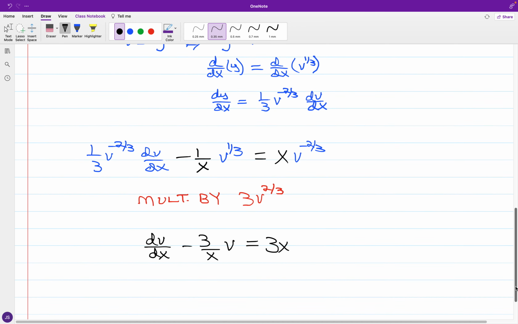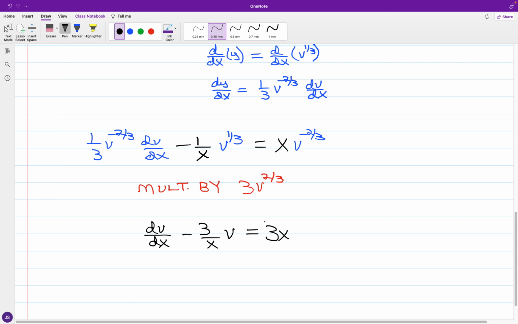Well, that's just going to be 3x times 1. And if you notice, we have this equation rewritten in terms of the substitution variable v.